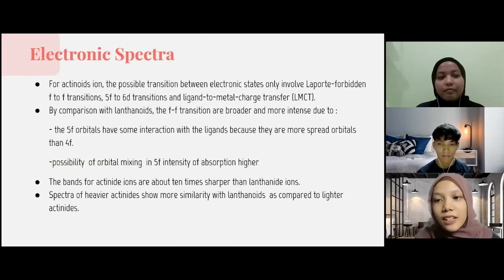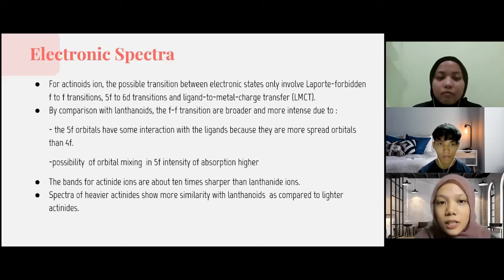Alright, thank you, Ailina. Okay, for the electronic spectra of the actinides, for actinoid ions, the possible transitions between electronic states only involve Laporte-forbidden f to f transitions, 5f to 6d transitions, and ligand to metal charge transfer (LMCT).